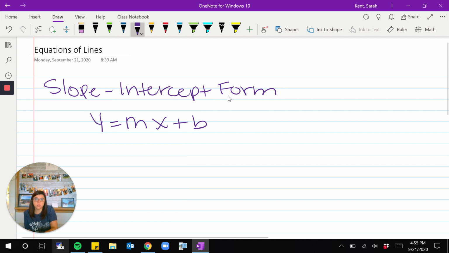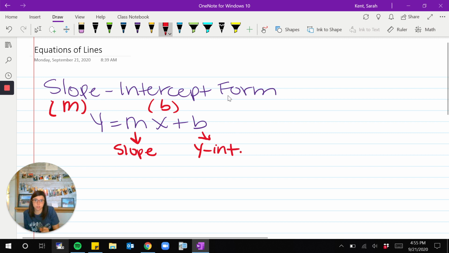It's called slope-intercept because your slope is going to be the m. Right here is your slope. And your intercept is going to be the b. So your b is your y-intercept.